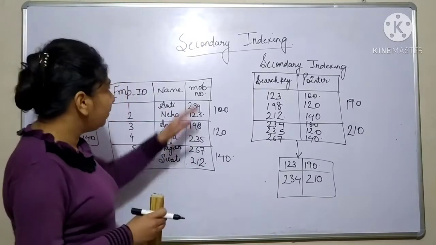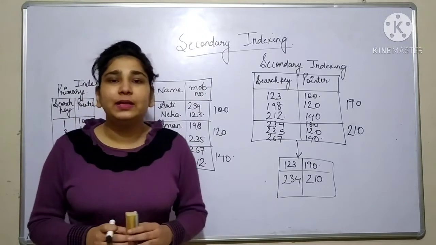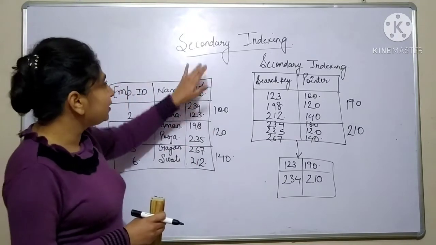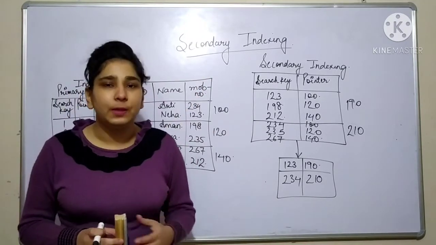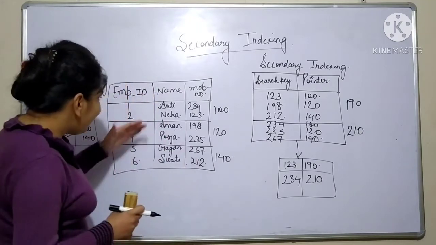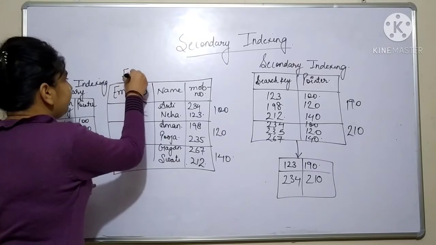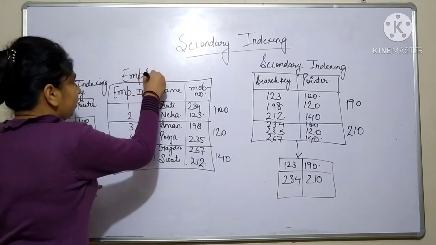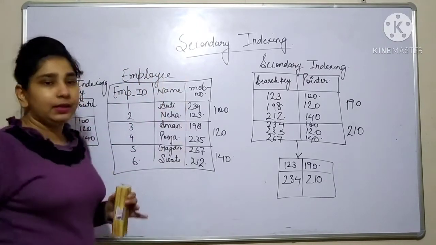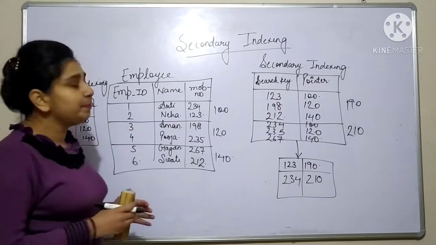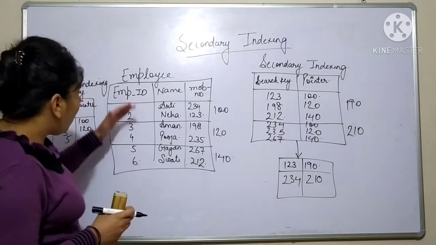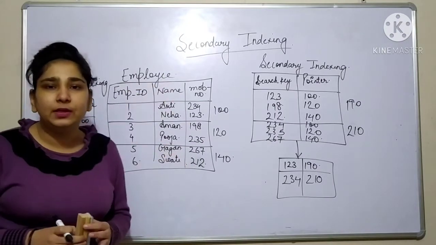Okay, so now let's discuss what is the purpose of using secondary indexing. Let's suppose I am having this relation employee. In this relation, I have stored all of the details of the employee.